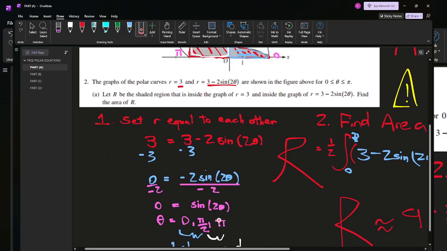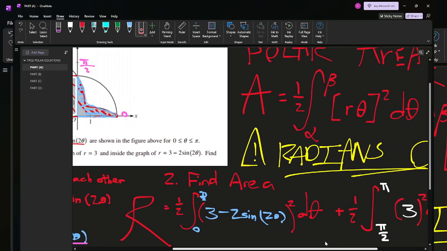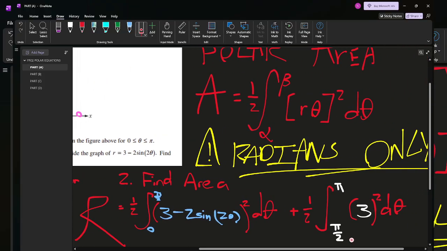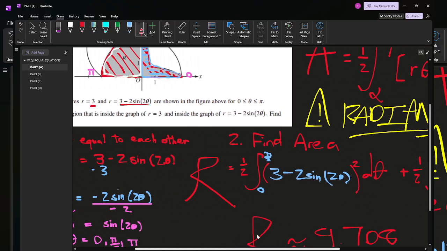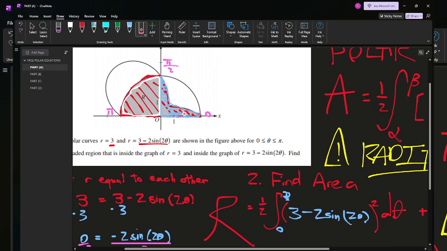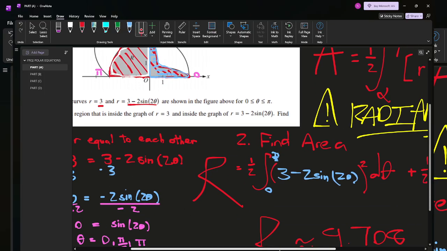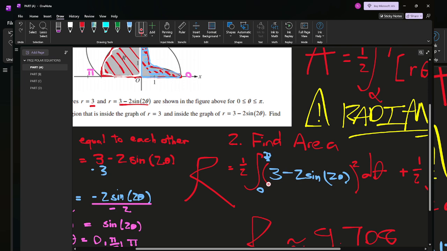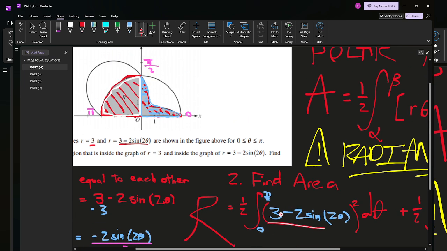Now, we find the area. I use two integrals, because from 0 to pi over 2, this portion over here, that little portion that looks like a shoe, belongs to that function over here. So I use the function that matches this integration limit from 0 to pi over 2.